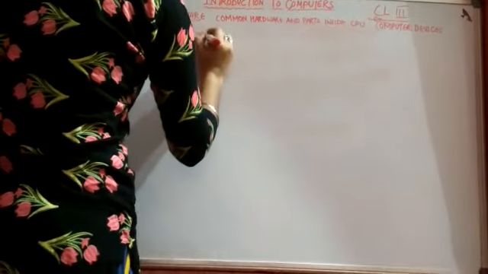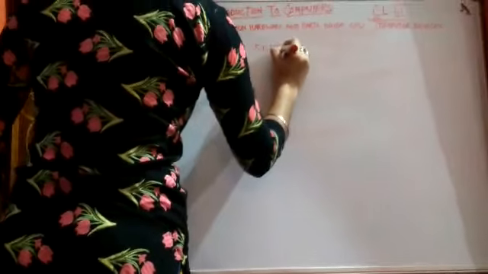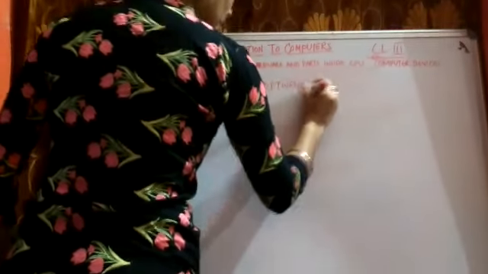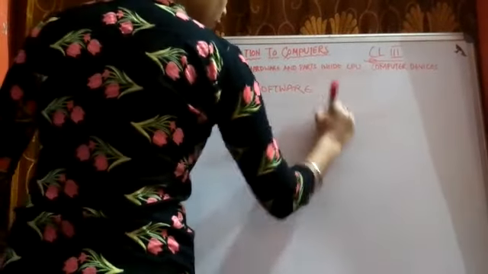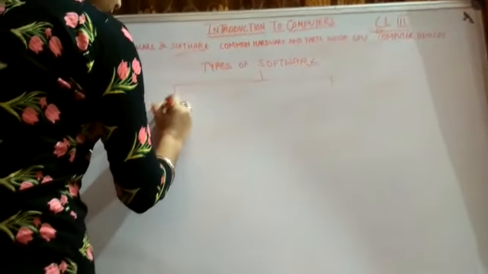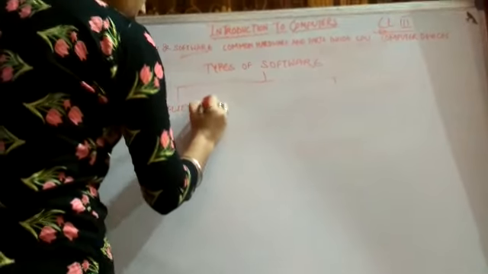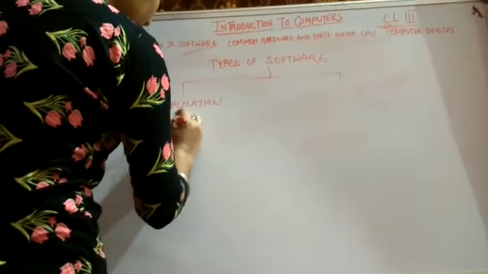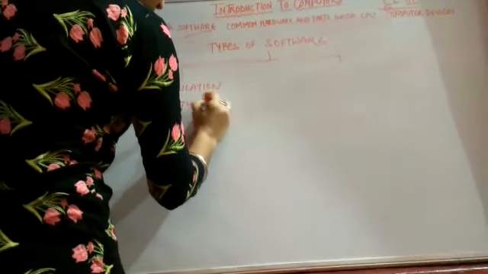That means types of software. Now software is of two types, that is application software and system software.